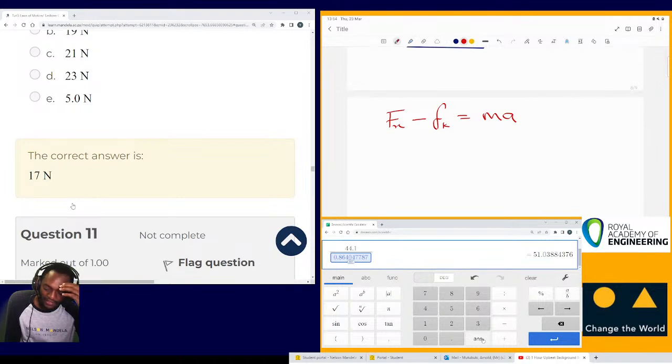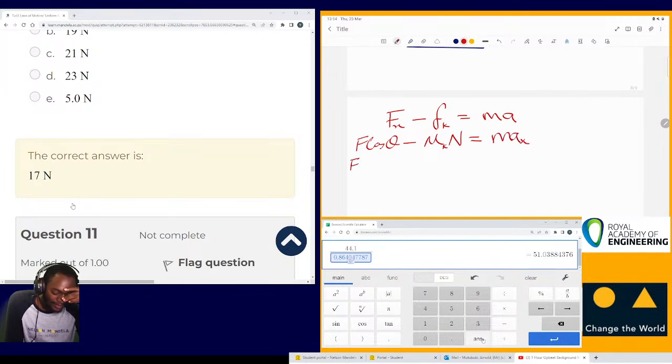And our F in the x is F cos theta minus the kinetic friction, which is mu_k times N, which is equal to ma in the x.